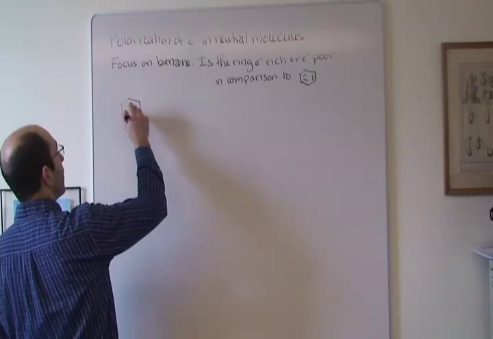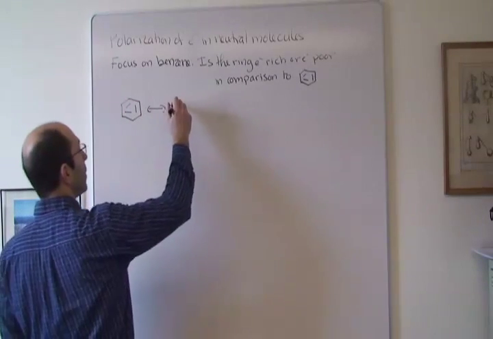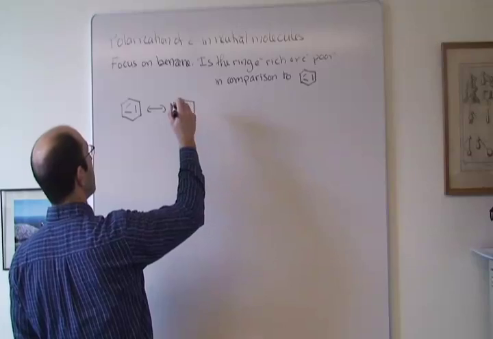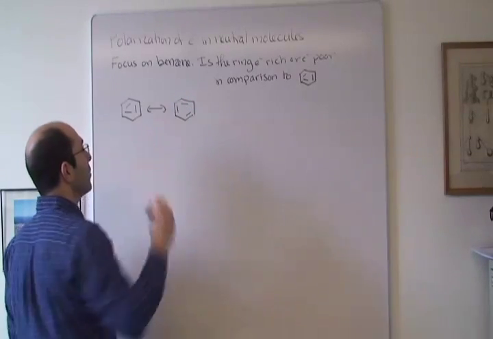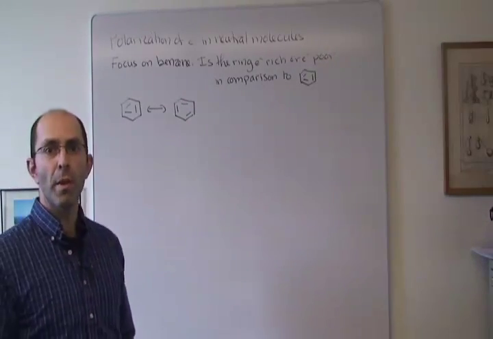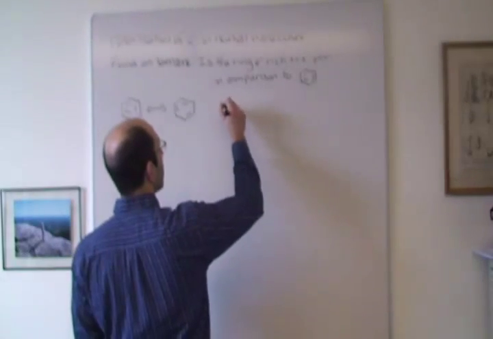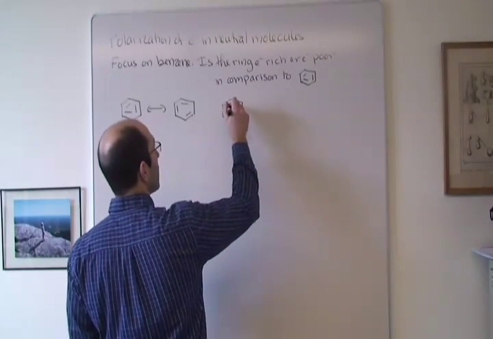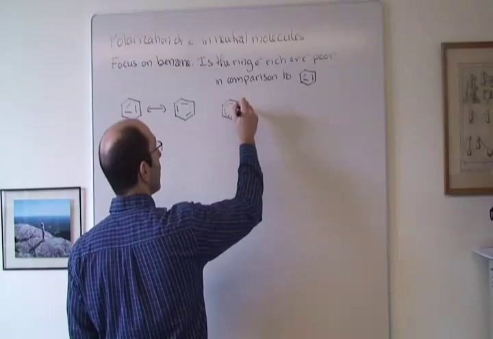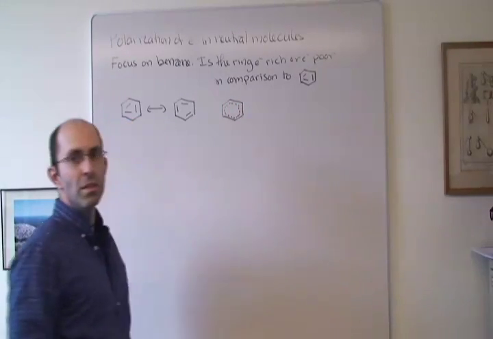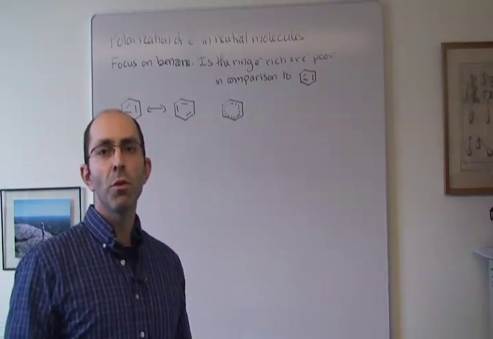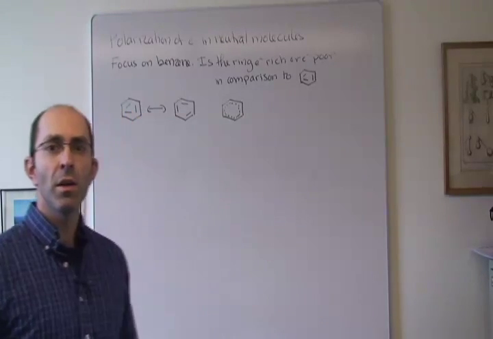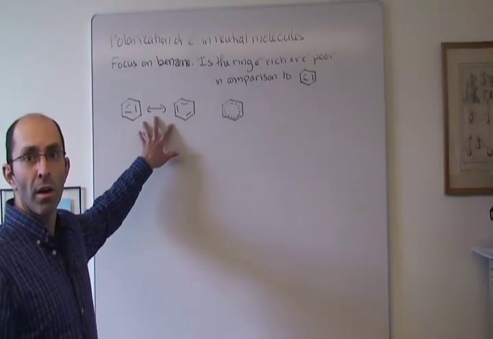Right? And then it's also important that we draw out what the resonance hybrid looks like. So again, draw in the sigma bond framework. And then you can draw in all the partial bonds, partial pi bonds, and partial charges.